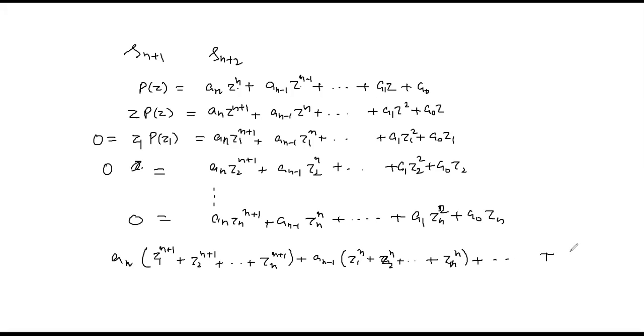The other terms you can see yourself. This is equal to 0. Now from this I can easily get a situation like an into Sn plus 1, that is the sum of n plus 1 powers, plus an minus 1 into Sn plus so on and so forth. Last, there will be a0 into S1 is equal to 0.